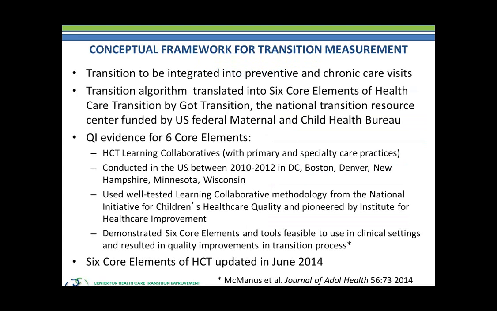The algorithm was translated into these 6 core elements, because everybody said this is wonderful. You don't want to put it up on a shelf. You've got to think of a way to have practice improvement, and this effort was funded by the Bureau of Maternal and Child Health. And there is evidence that we went on to build around these 6 core elements.